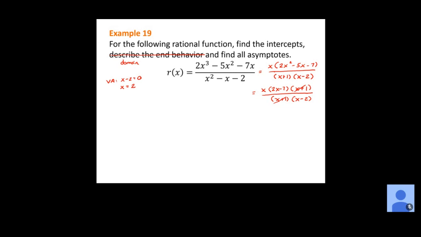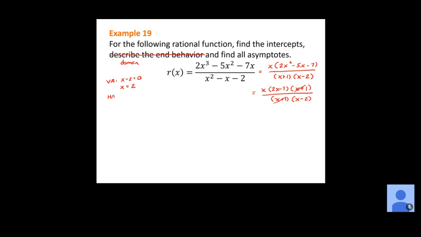And again, that's why it's so important to factor first and see if anything cancels. Because otherwise, if you just focus on the denominator, you might think that x equals negative 1 is a vertical asymptote, but because it cancels out, it's not actually a vertical asymptote anymore. Okay? All right. Now, what about horizontal asymptotes?